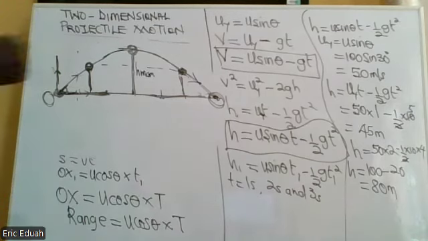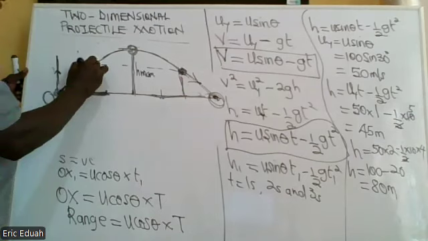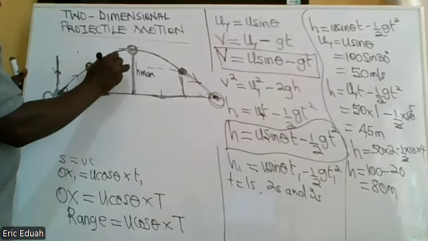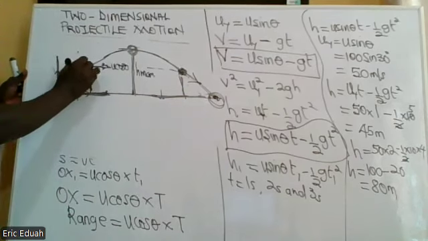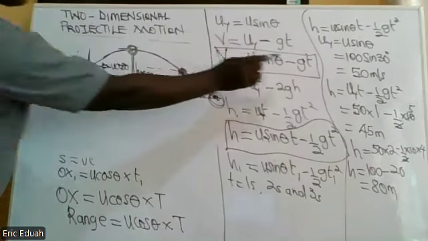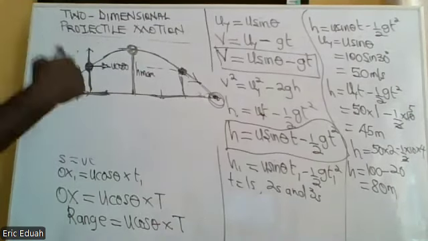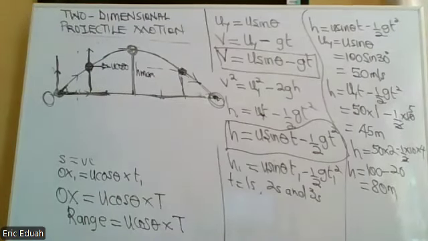We have the constant horizontal velocity, u cos theta, and then a vertical time dependent velocity, similar to what we saw in one dimension.